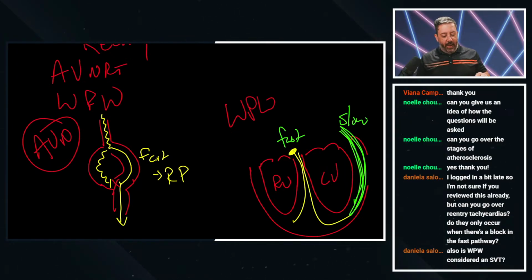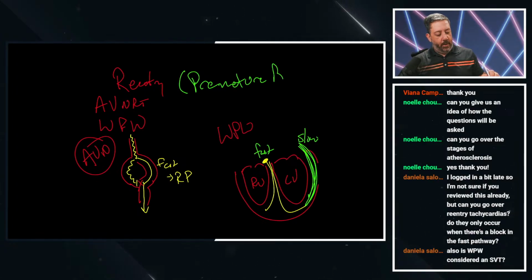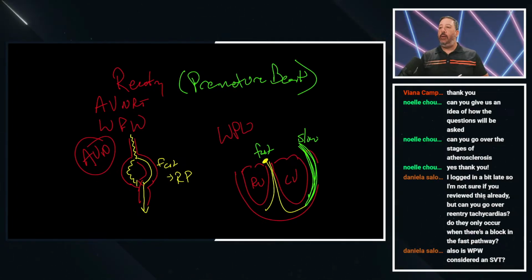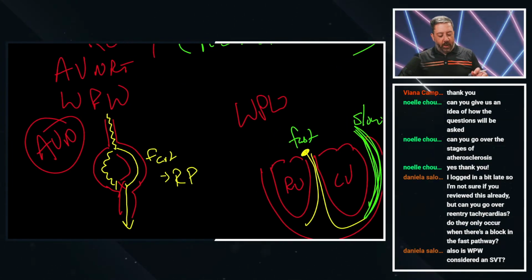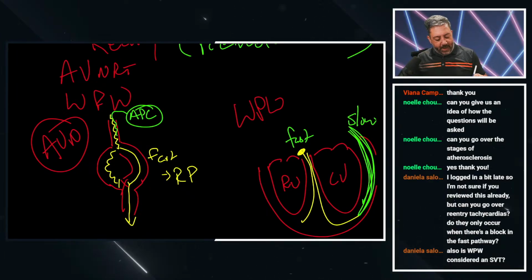The key thing when it comes to these re-entry tachycardias is you need a premature beat. You need a beat to happen at a time that it was not supposed to occur, so that when the new beat occurs, the extra beat, the APC or the PAC, whatever you want to call it, this signal comes down and follows the slow pathway.